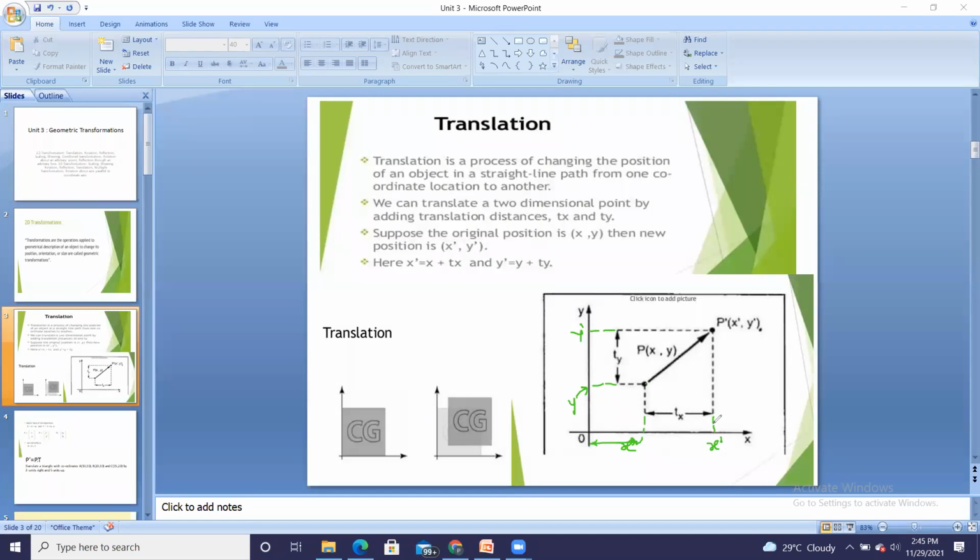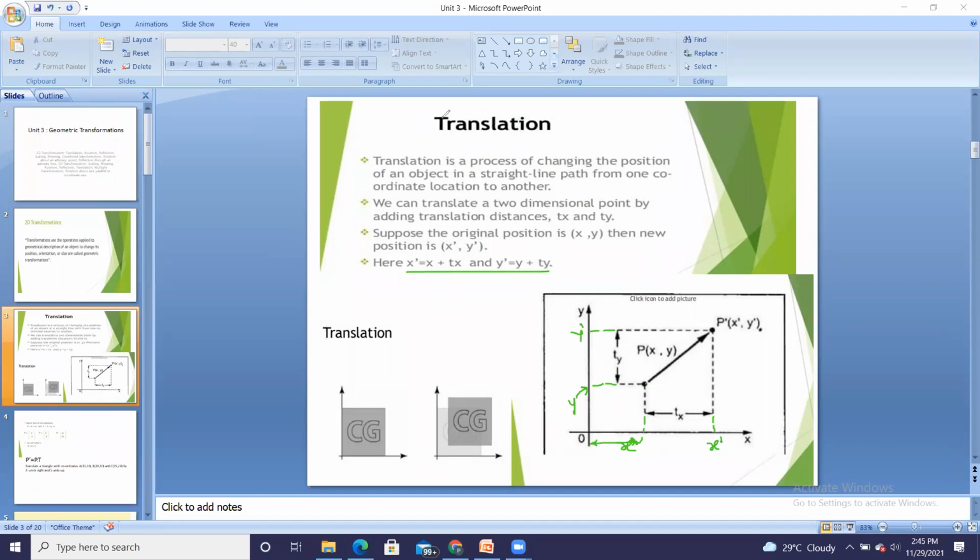So tx is called the translation factor. Similarly, the new y dash is equal to y plus this ty factor. So ty is nothing but the translation factor along the y-axis. So I will have these two expressions with me: x dash is equal to x plus tx and y dash is equal to y plus ty.